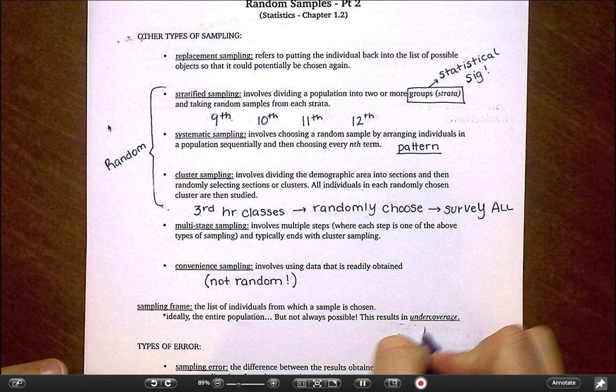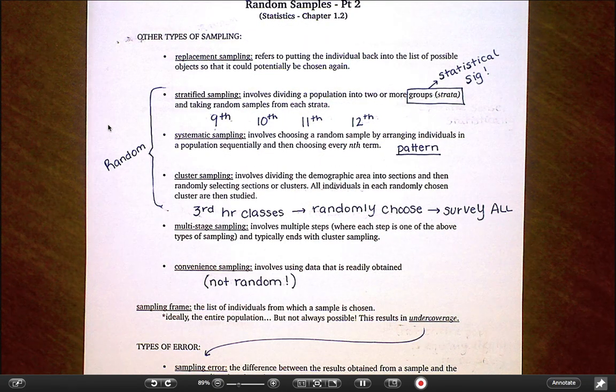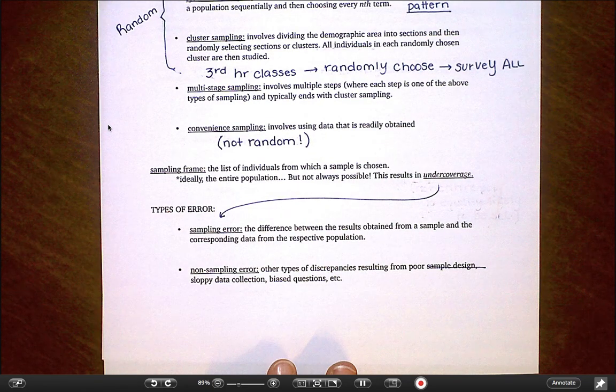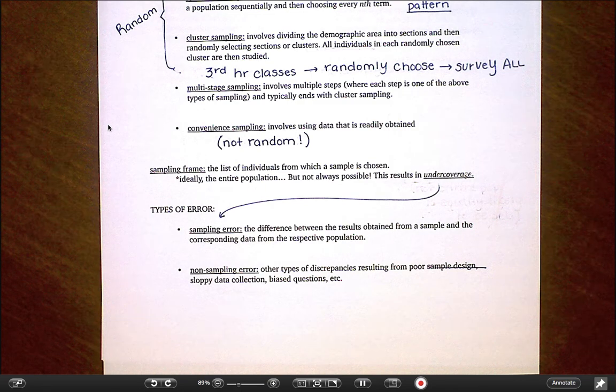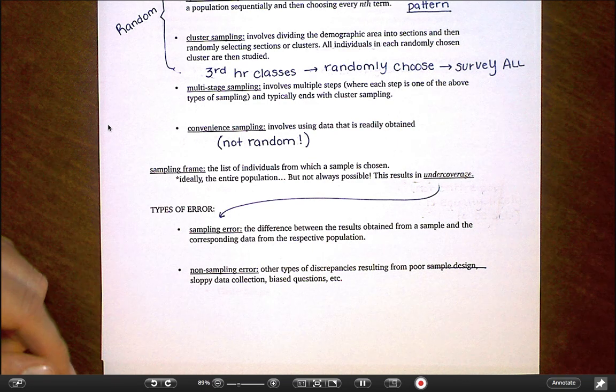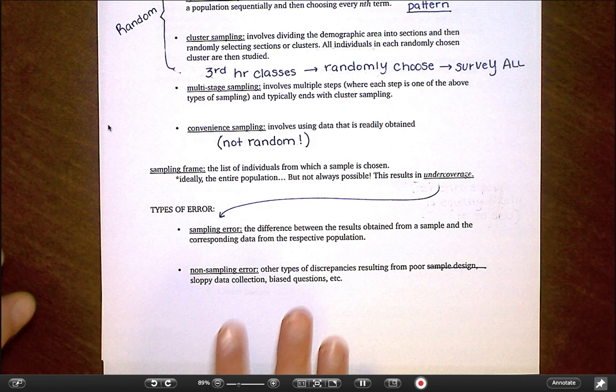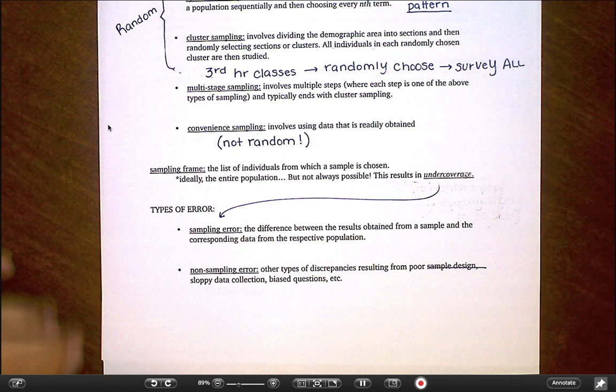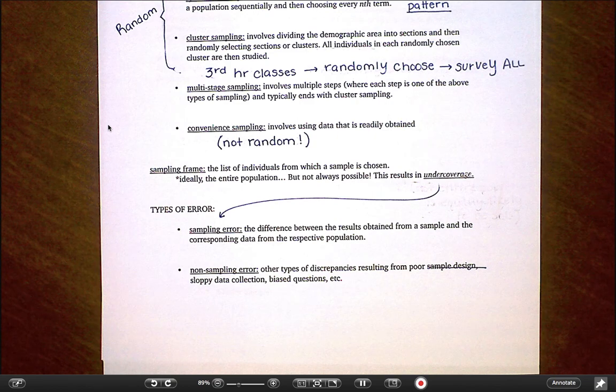Undercoverage is a type of sampling error. So down here, it generally classifies 2 different types of error. When you're doing statistics, there's lots of ways to mess it up, okay? But we take all those ways to mess things up and divide them into 2 groups, sampling error and non-sampling error. Sampling error is anything that comes from messing something up in terms of choosing your sample, okay?